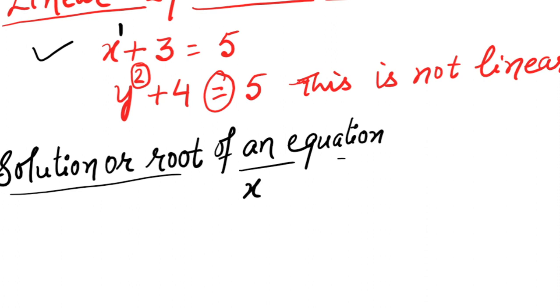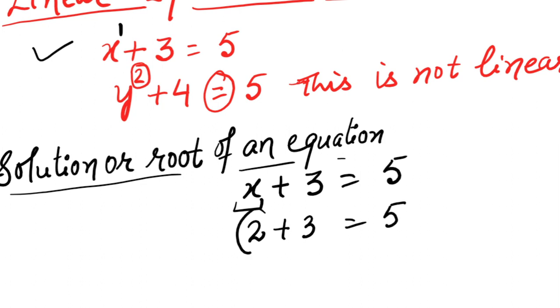Suppose I have an equation x plus 3 is equal to 5. Now what will be the solution or root of the equation, or you can say the value of the variable? Which value will satisfy the equation? What should be the value of x that makes left hand side equal to right hand side? So it is 2. 2 plus 3 is equal to 5. So if we put the value of x as 2, we can see that left hand side is equal to right hand side.